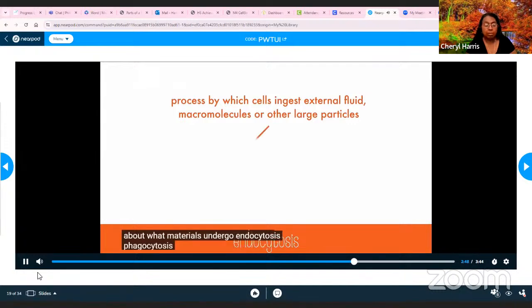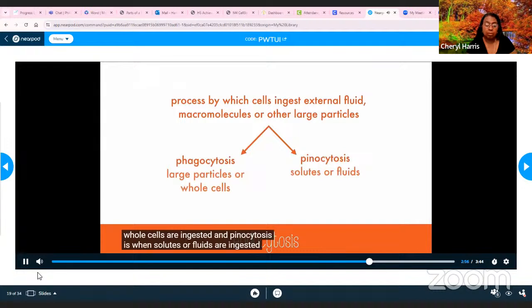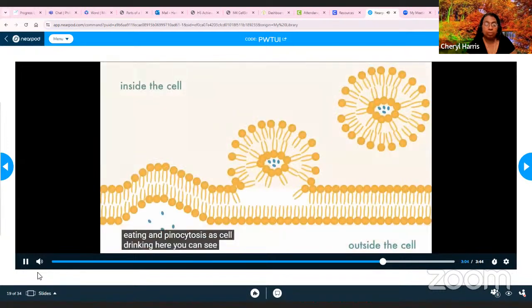Phagocytosis is where large particles or whole cells are ingested, and pinocytosis is when solutes or fluids are ingested. You can think of phagocytosis as cell eating and pinocytosis as cell drinking. Here you can see the way it works. First, the cell membrane begins to pinch around the substances, and eventually it forms a vesicle, which can carry the substance to any part of the cell.